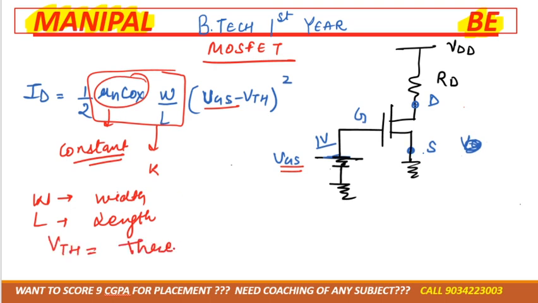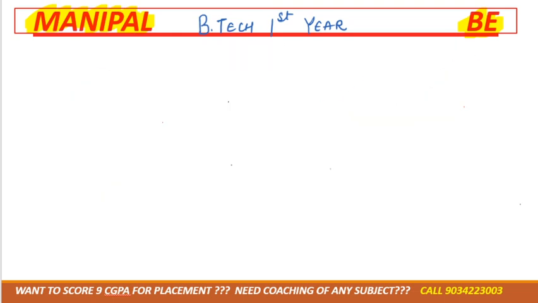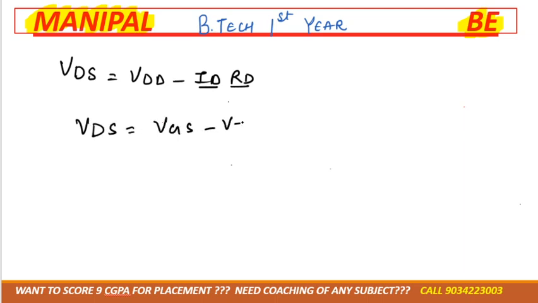VTH is the threshold voltage. VDD is the supply voltage basically, and VDS is equal to VDD minus ID RD. ID is the current, RD is the drain resistance. Only these three formulas you need to remember for the MOSFET.